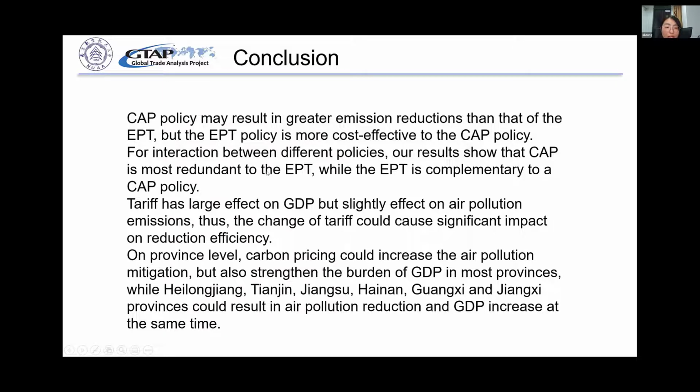The tariff has a large effect on GDP, but a slight effect on air pollutant emissions. And at the provincial level, carbon price could increase the air pollution mitigation, but also strengthen the burden on GDP in most provinces. So that's all my presentation.